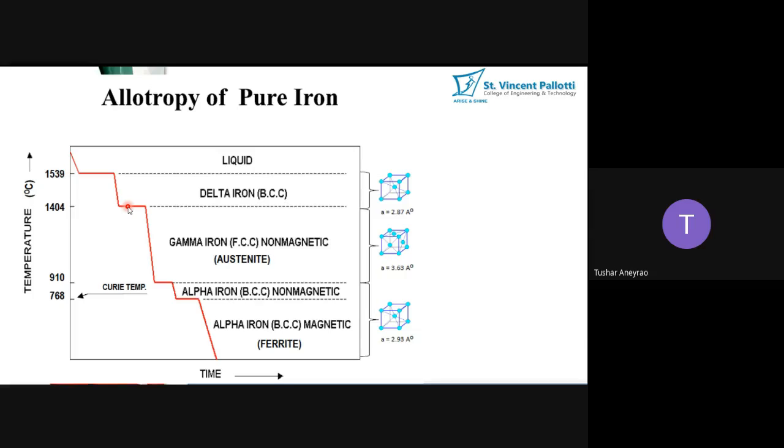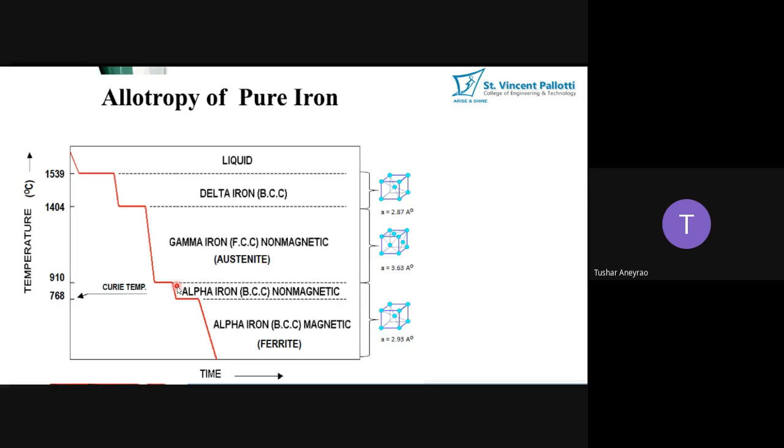This austenite is the malleable phase of the iron, which is only stable from 1404 to 910 degrees centigrade. Then this phase is again getting transformed into alpha iron. Alpha iron is the purest form of iron.